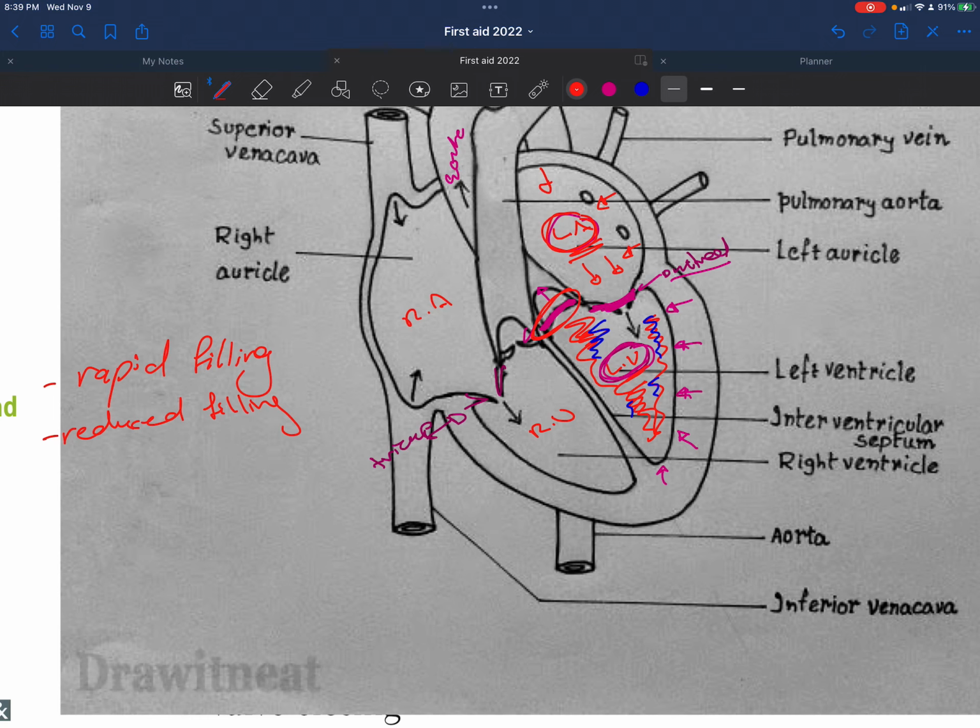So there is an actual contraction of the left ventricular wall, but there is no outlet of the blood. The left ventricle by contraction is changing its pressure, but it's not emptying the blood. So there is a change in the pressure without a change in the volume of the blood. That is called isovolumetric contraction. Because it is isovolumetric, there is no change in volume, but because of the contraction, there is an increase in the pressure.